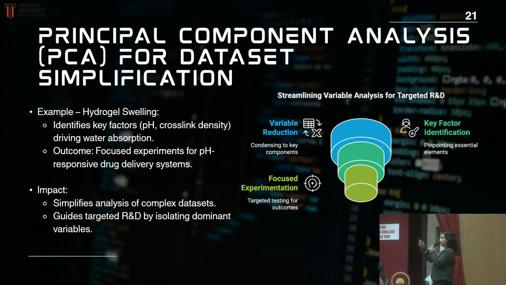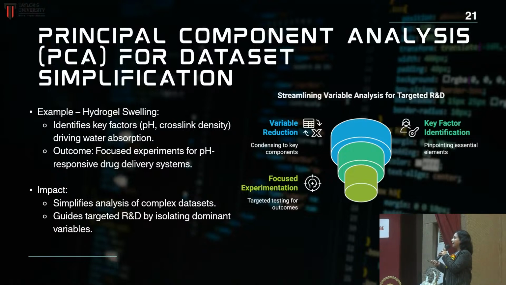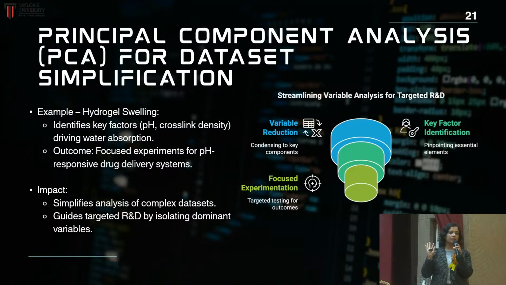All this can be studied through this. The outcome is focused experiments for pH responsive drug delivery systems. Then the impact is it simplifies analysis of complex data sets. Again, the data sets are complex, they consist of various variables, but we have simplified this process. Now, it guides targeted R&D by isolating dominant variables. Again, we will target the variables from the data set and we'll study only those variables.